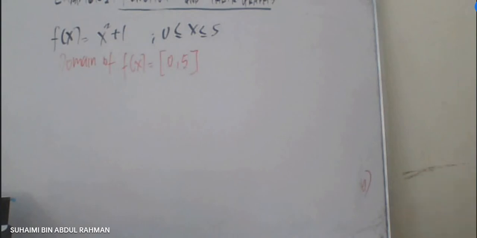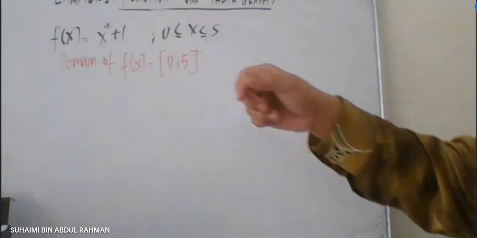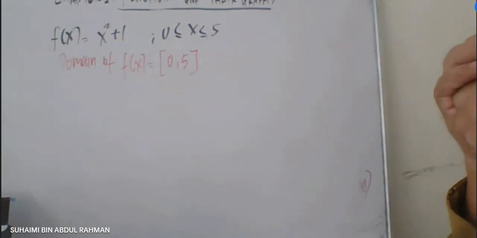Even if it is not mentioned that it is from 0 to 5, it would be all real numbers. All numbers can be put in the function.